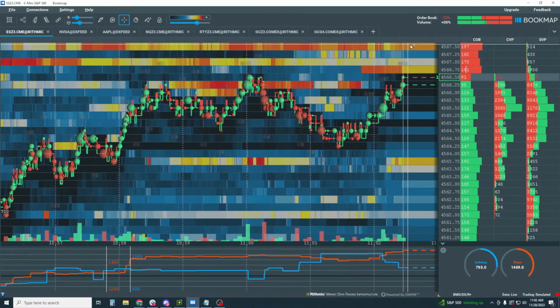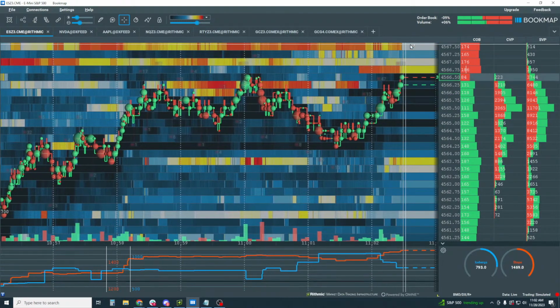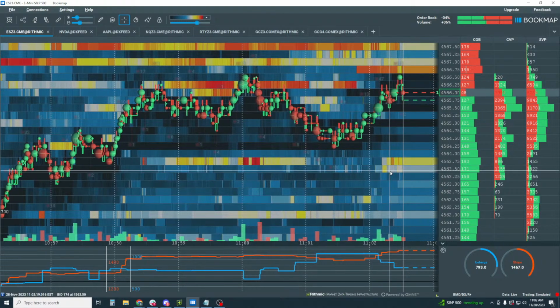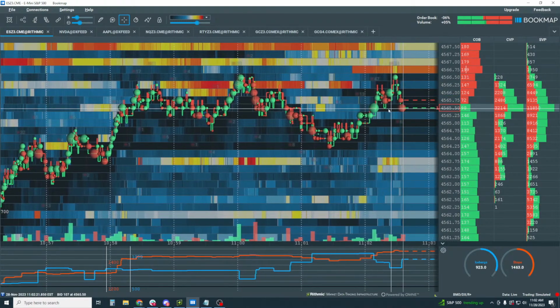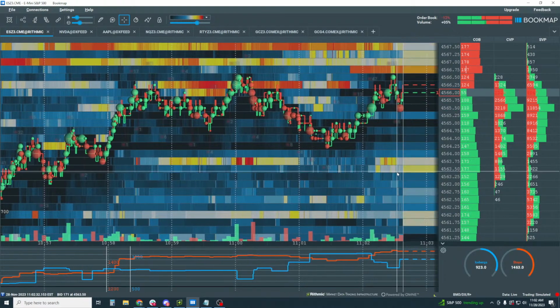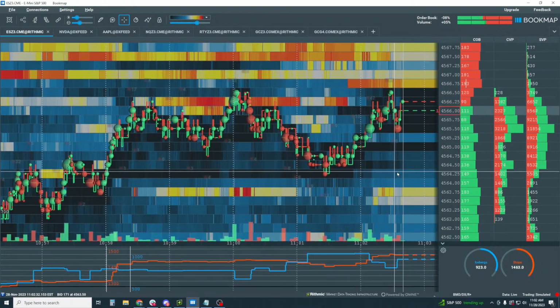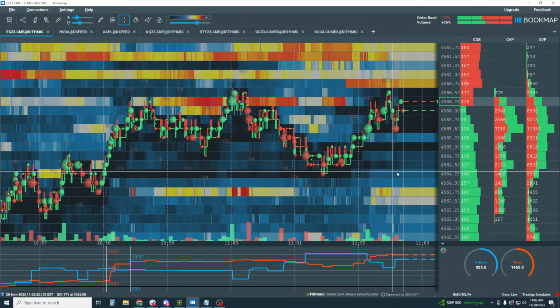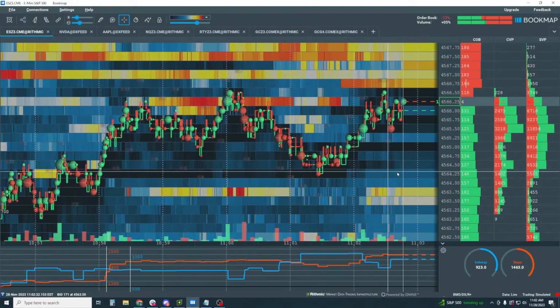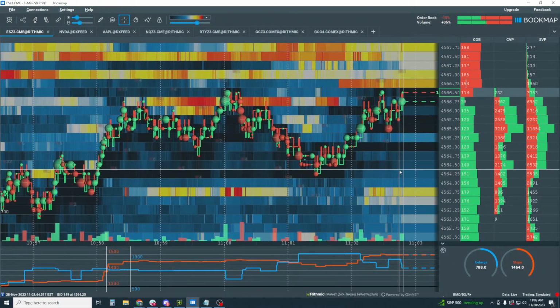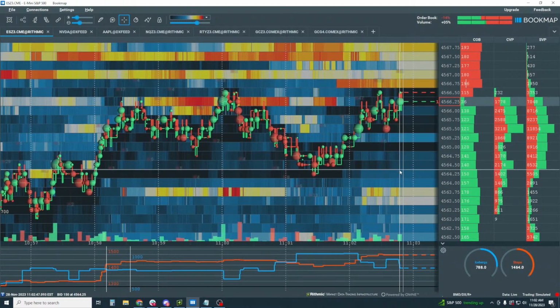That is the context we want to understand. It's the relationship to the orders here. So they're both important. It is the context, though, that is the king.